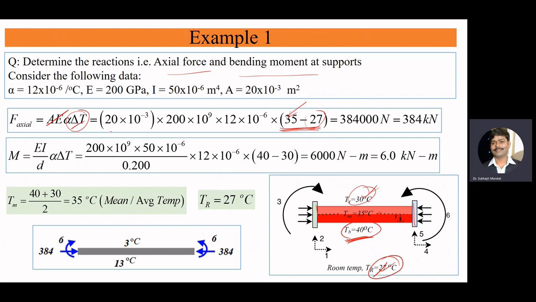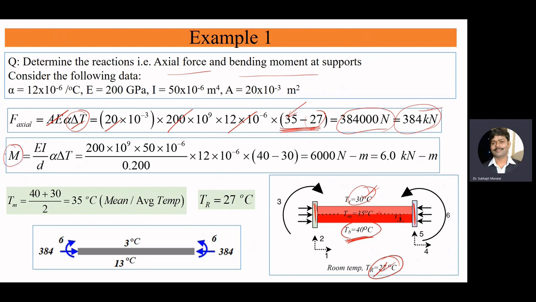Okay, so now if we put the value of A, the value of E, the value of the thermal coefficient and delta T, you will observe that 384 kilonewton axial force is developing for this case if both ends are fixed.